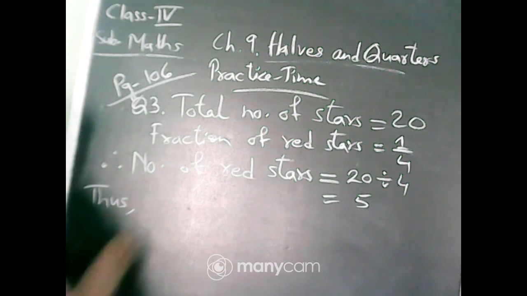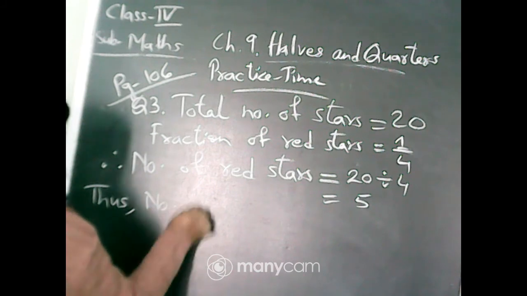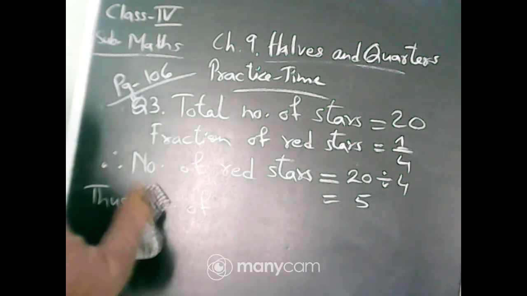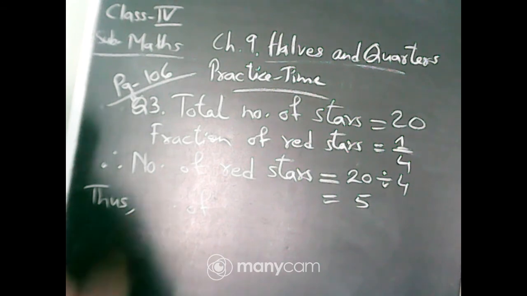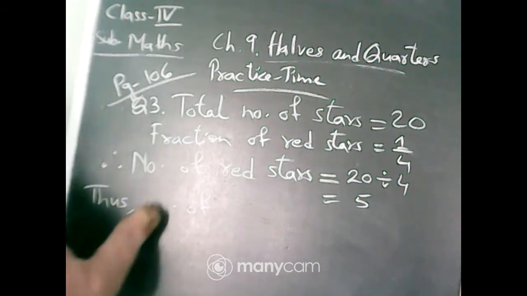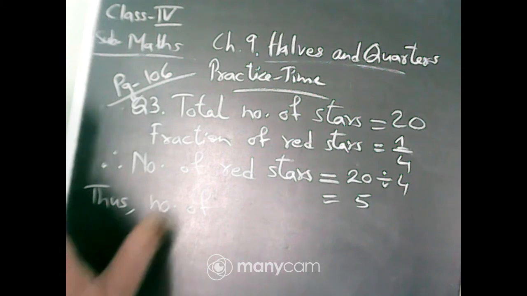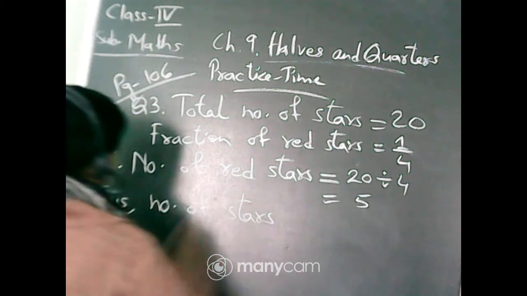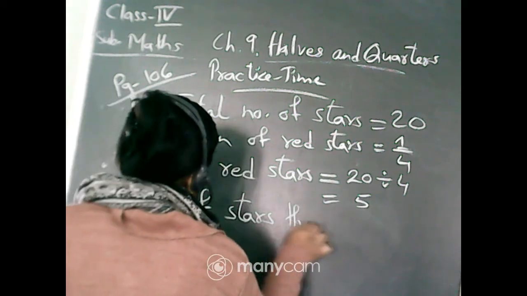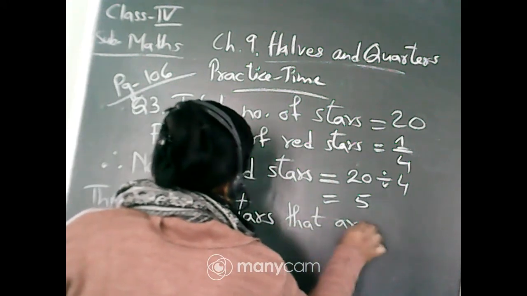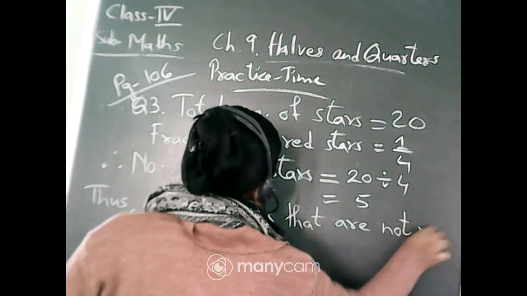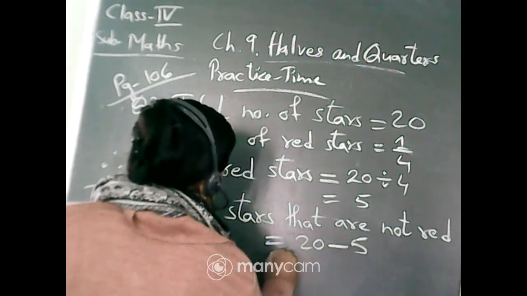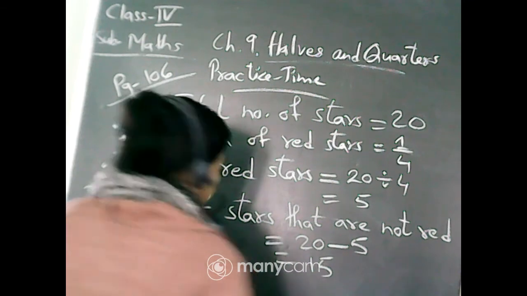Thus, number of stars that are not red is equal to 20 minus 5, that is 15.